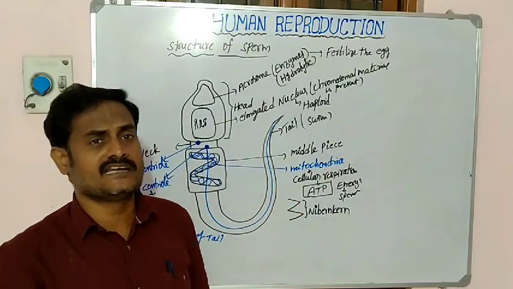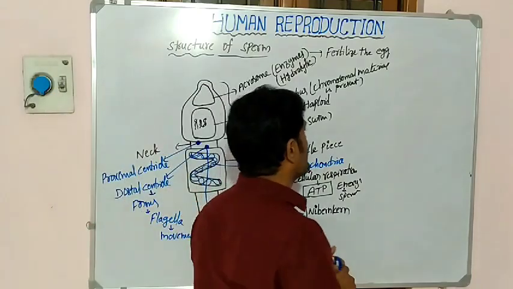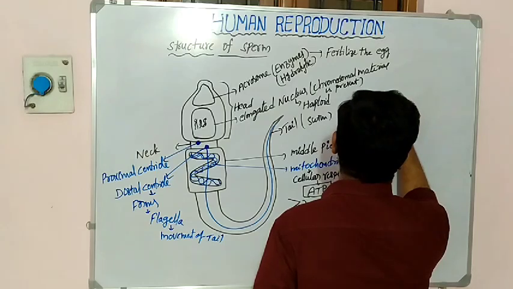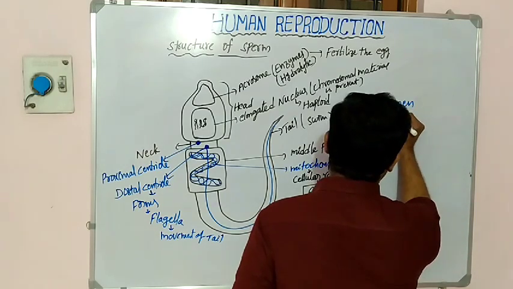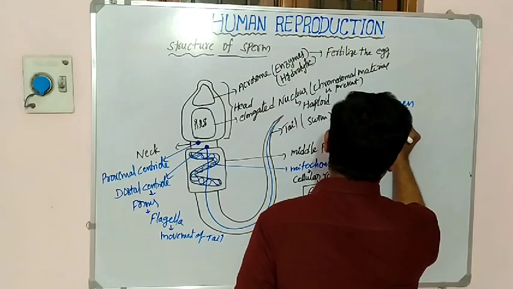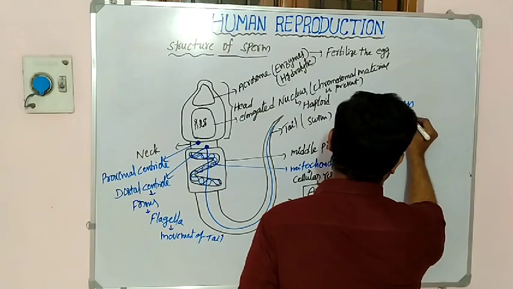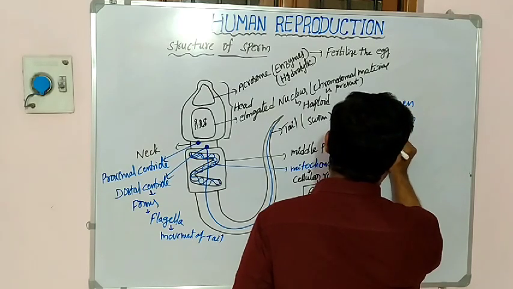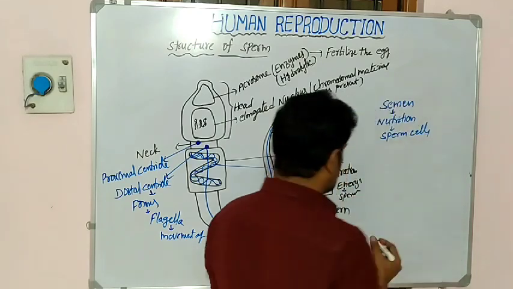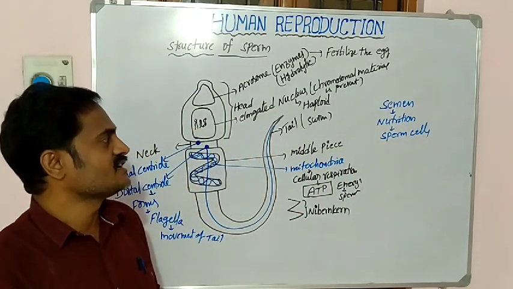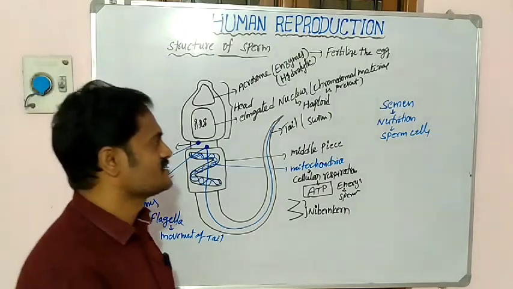These three gland secretions are called semen. Very, very important. The semen provides nutrition to the sperm cells.